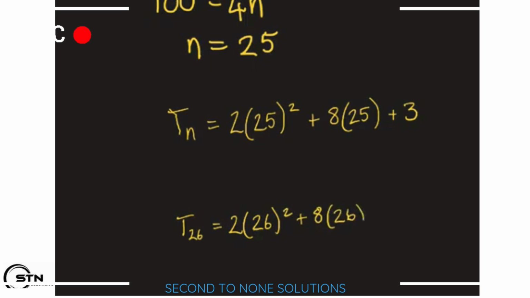And as soon as I'm finished writing this, I'm going to do that. And the calculator gave me an answer of 1,453. I've just seen over here that I should have said that this was the 25th term. And the other answer is going to be 1,563.